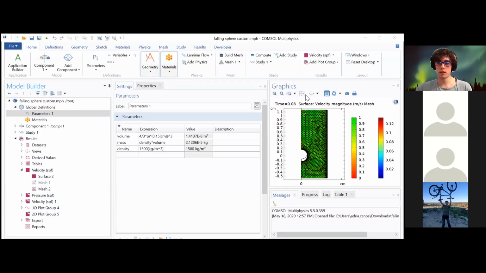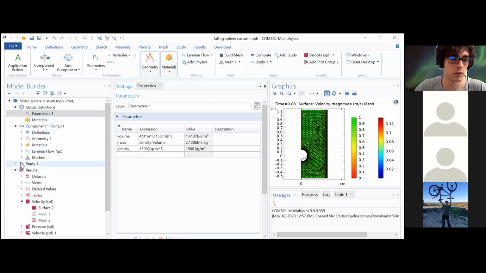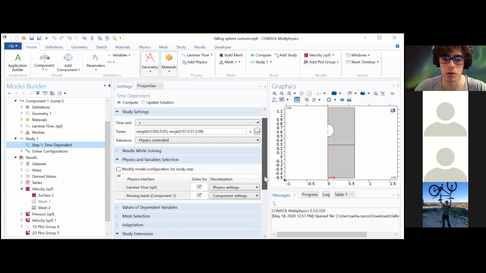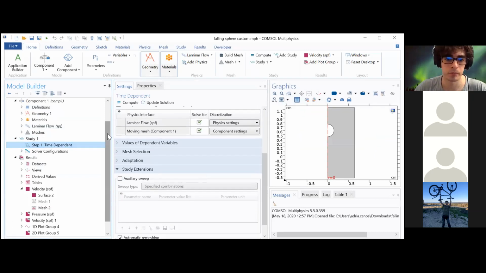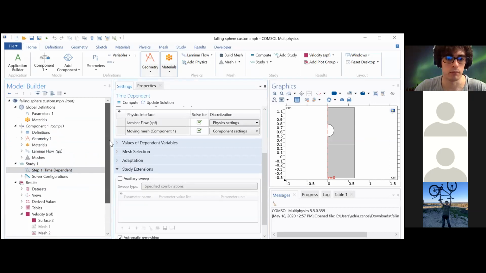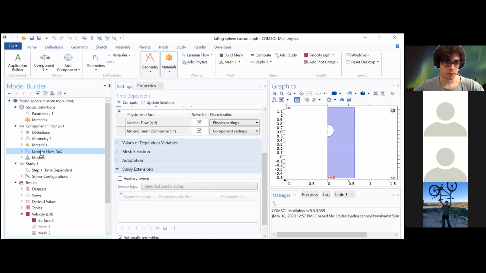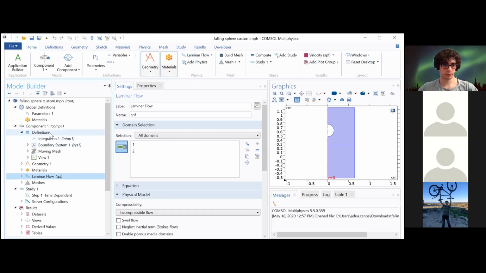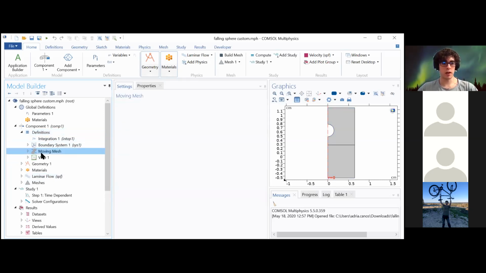One second, I will just share the screen. In this case, for example, in definitions I added a moving mesh.